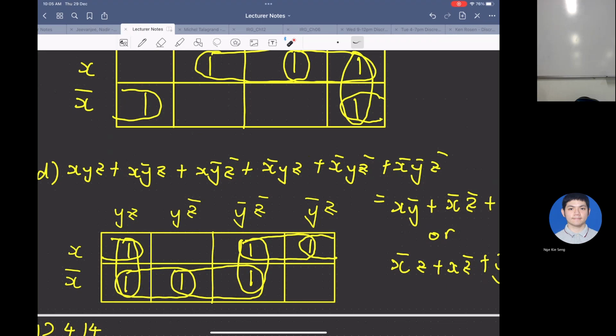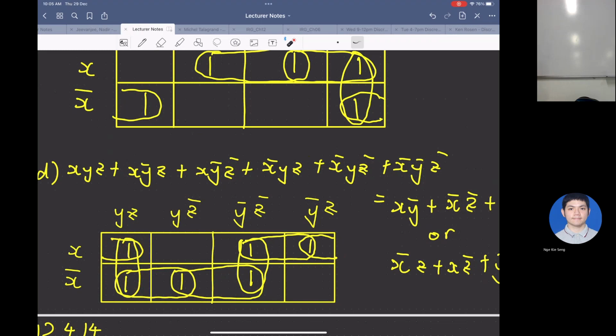Exactly. This one. Is this the essential prime? Is this the largest block of one that covers a one in the map? This one is covered by the other block, and this one is also covered by the other block.